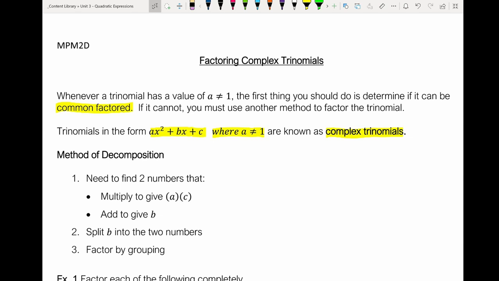We still need to find two numbers that multiply to give us a times c, whereas before it was just c, and add to give us b, which is still the same, that middle number. Then we split our b value up into those two numbers and factor by grouping. So again, it's similar to simple trinomials, and it requires factoring by grouping.